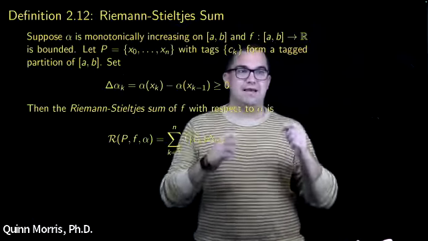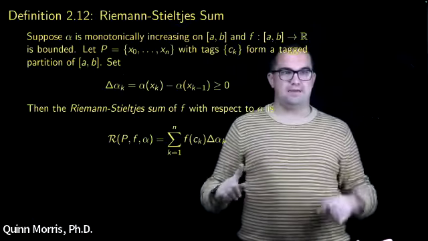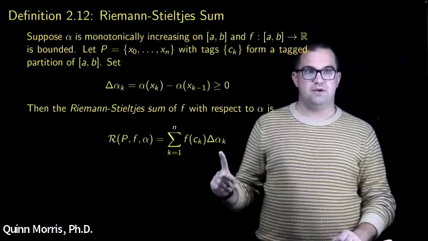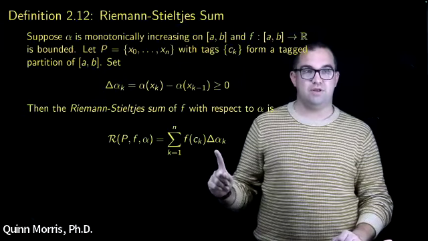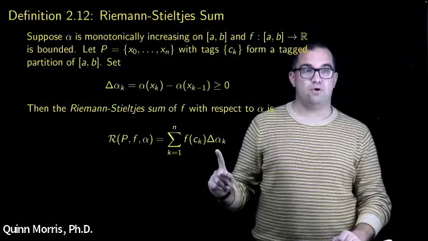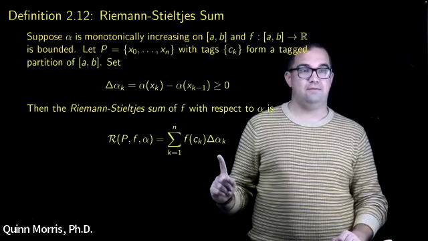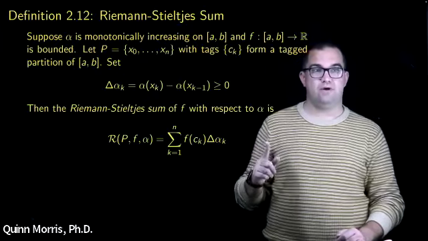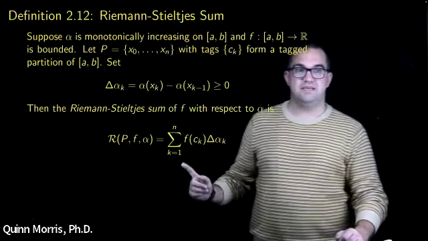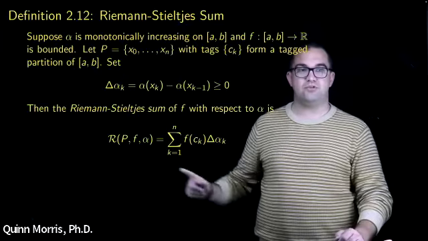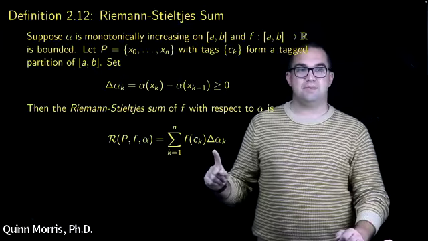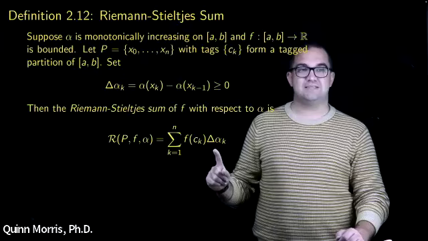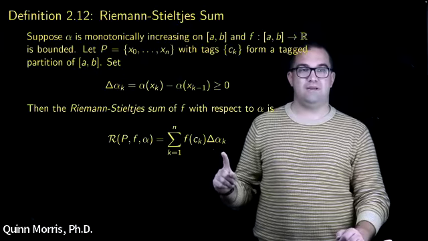Okay, so again, if you come back to when we had a Riemann sum, there you had a delta x k. Now we're going to have a delta alpha k. So we define the Riemann-Stieltjes sum of f with respect to alpha as this sum, which looks just like the Riemann sum, except I've changed the delta x sub k to a delta alpha k.